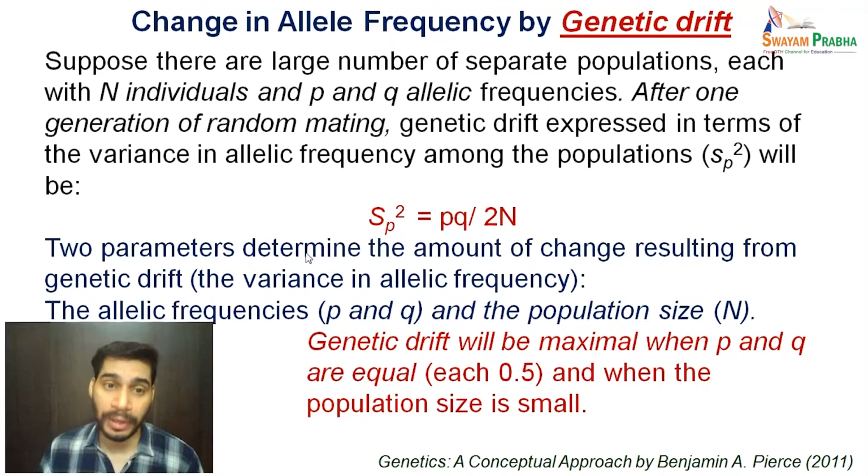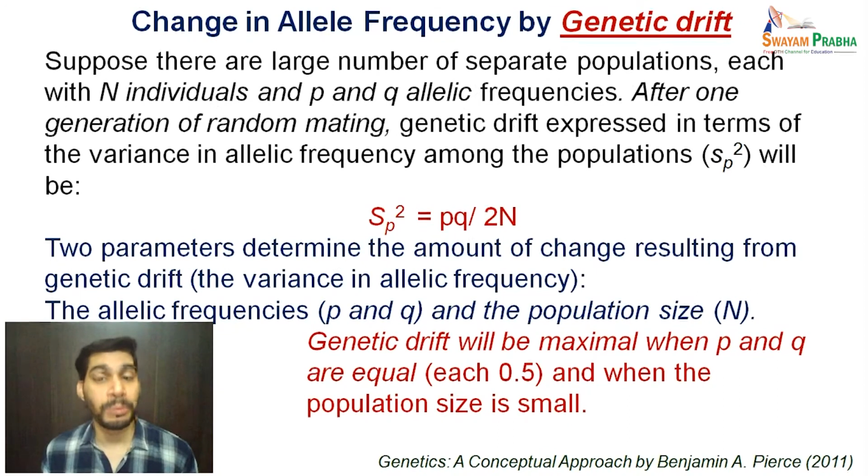The two parameters that determine the amount of change resulting from genetic drift, that is the variance in allelic frequencies, are the allelic frequencies, which are p and q, and the population size. The genetic drift will be maximum when p and q are equal, that is 0.5 each, and when the population size is very small.